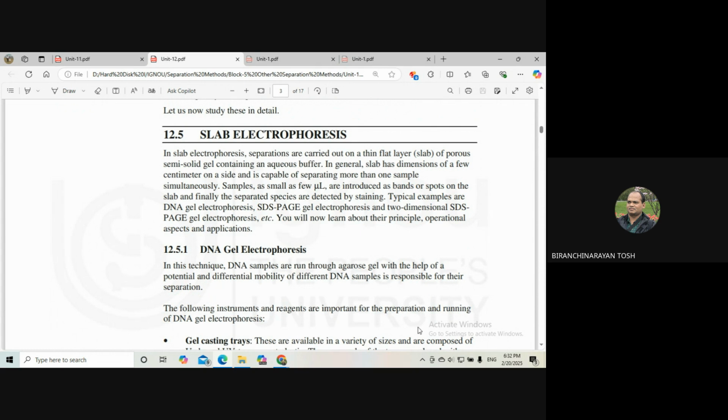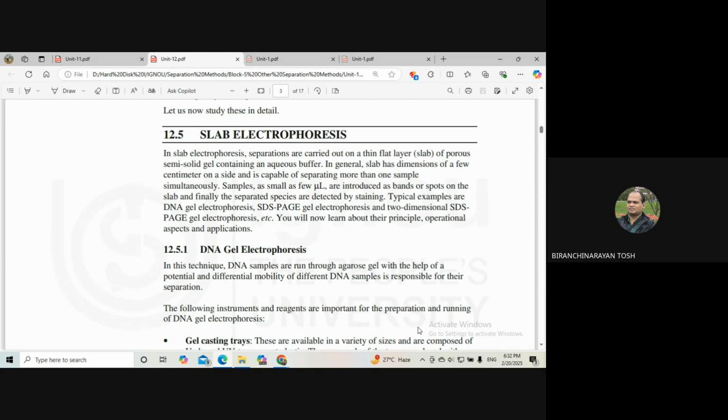Samples can be very small, as few as microliters, introduced as bands or spots on the slab, and finally the separated species are detected by staining. Typical examples are DNA gel electrophoresis, SDS-PAGE, and two-dimensional SDS-PAGE gel electrophoresis, etc.